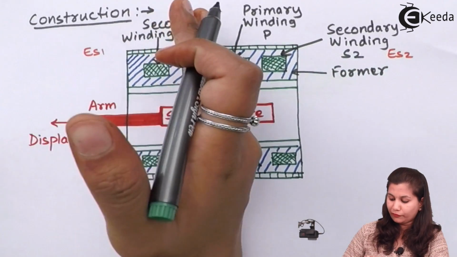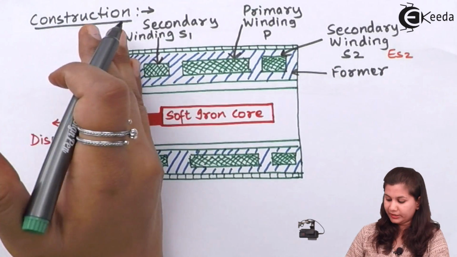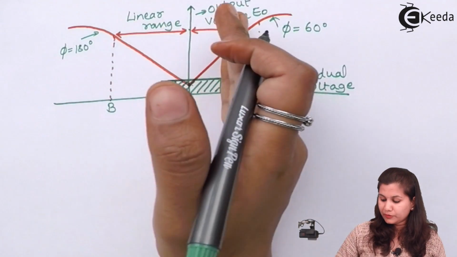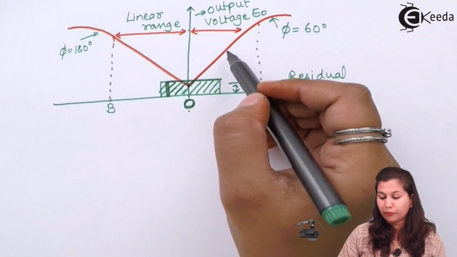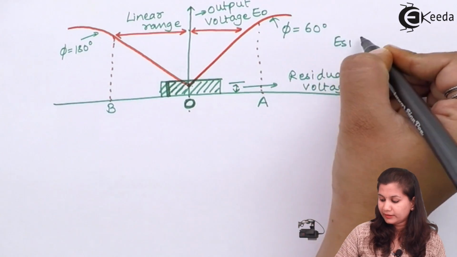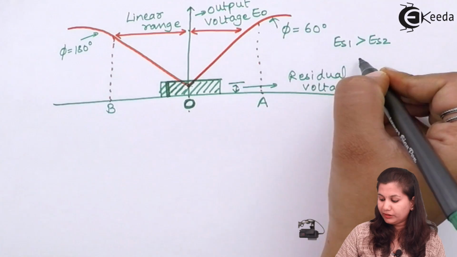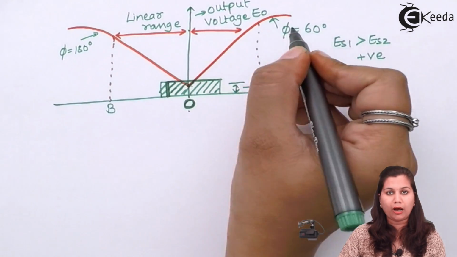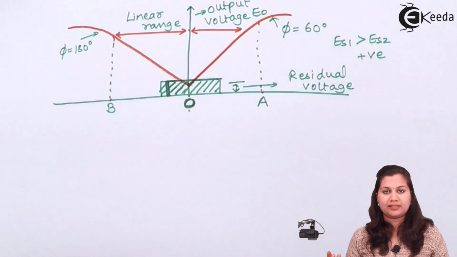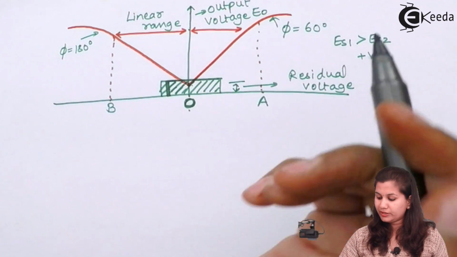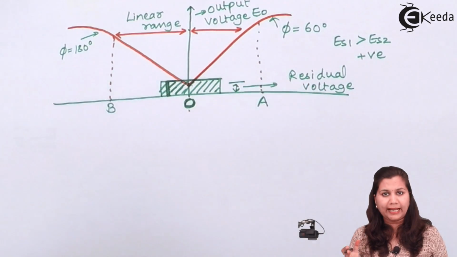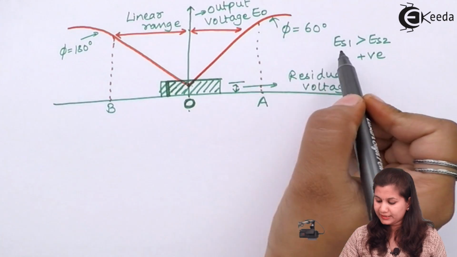Now when the soft iron core is moved to the left hand side, suppose to a position A, ES1 is greater than ES2, and we will get a positive value for the output voltage. Also it is in phase with the primary voltage. Suppose the phase angle is 60°, so we get a phase angle of less than 90.